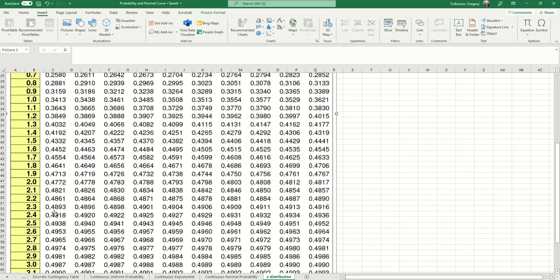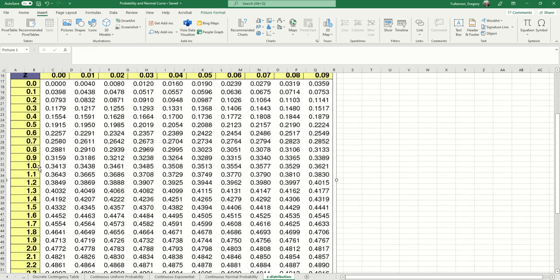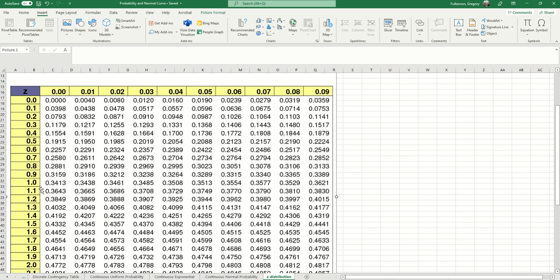So this is symmetrical, so even though it's positive, you can look at it both ways. So on the positive side, at 1, we're looking at 0.34. So we're looking at the area to the right of that, so we're looking at the value beyond that.